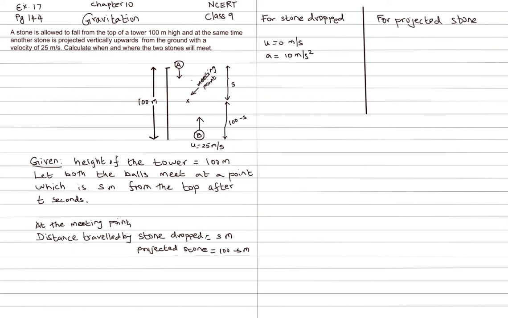Is it positive or negative? The ball is traveling in the downward direction and the acceleration due to gravity is also acting in the downward direction. So a is equal to plus 10 meters per second squared.